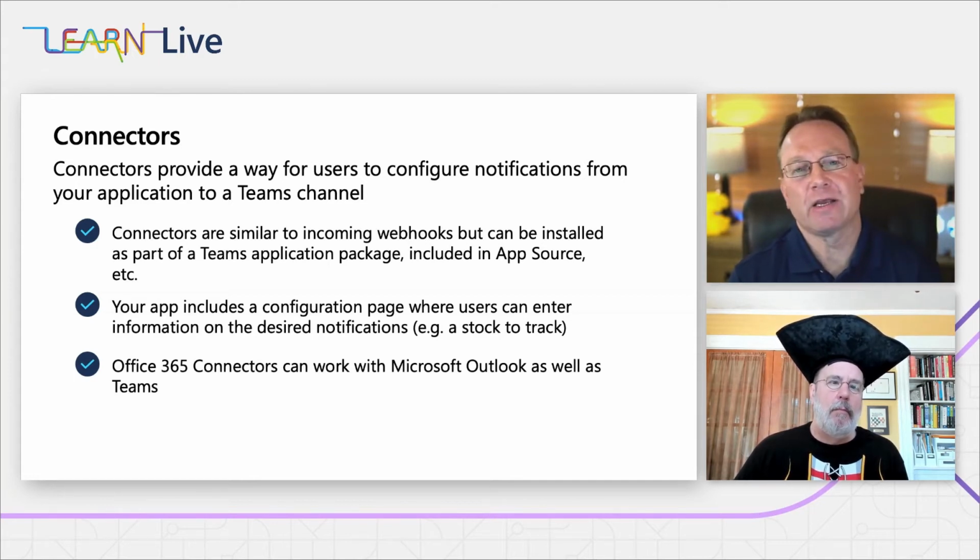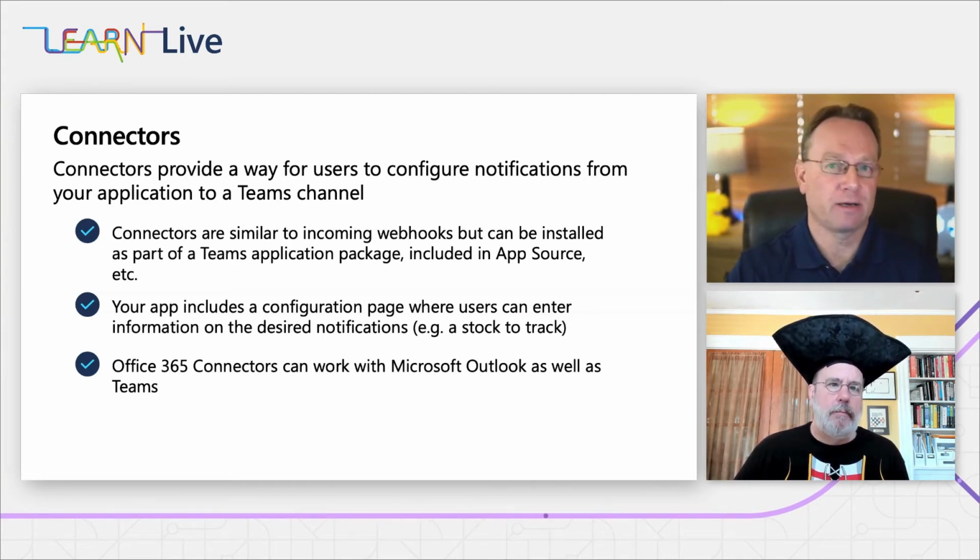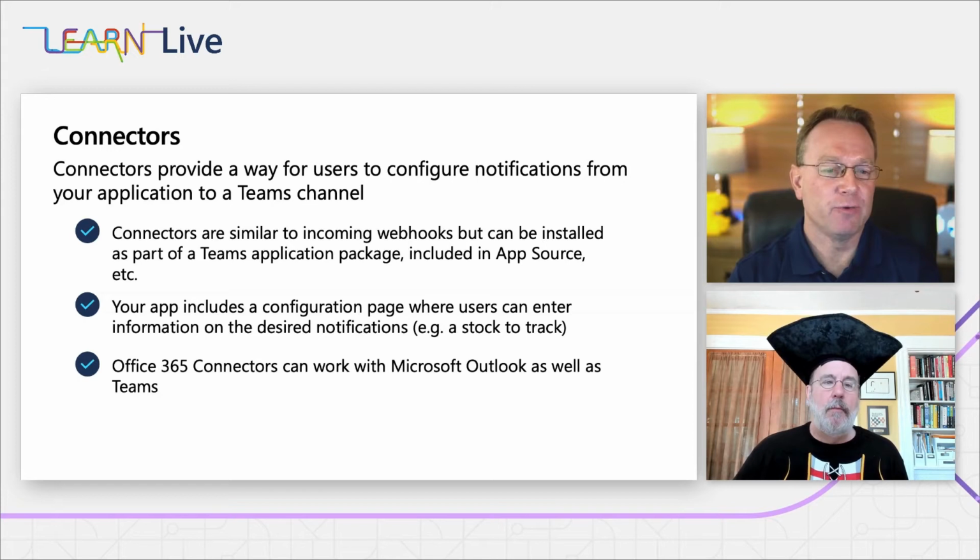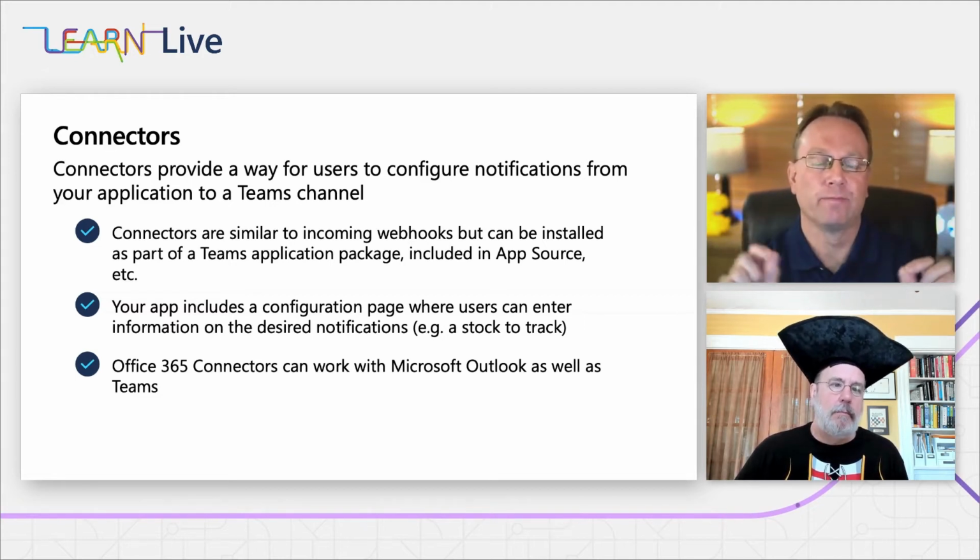This is also going to provide a configuration page, and Bob's going to walk us through this. For instance, if you were trying to connect to stock quotes, you'd probably want to supply the quote or quotes that you want to watch. If you want to watch a sales order, you'd need a page where you could supply the ID for that sales order.